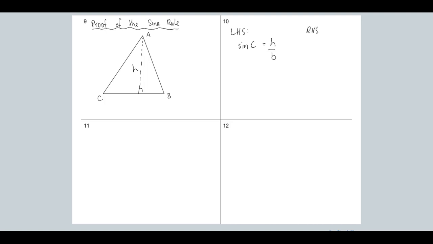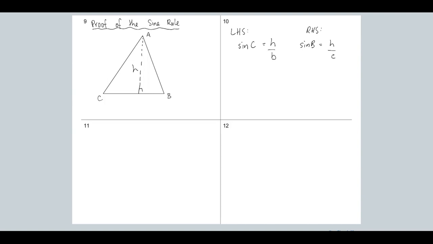On the right-hand side, we've got sine of B is equal to opposite h over hypotenuse, which is c. I haven't labelled these in the diagram, but I should do.